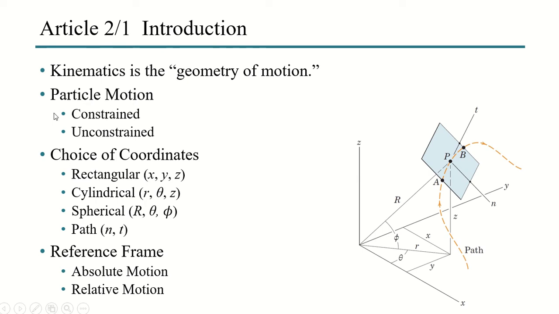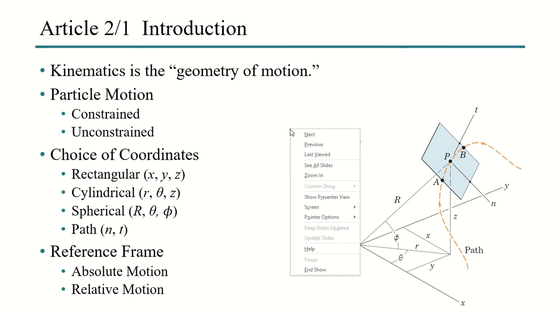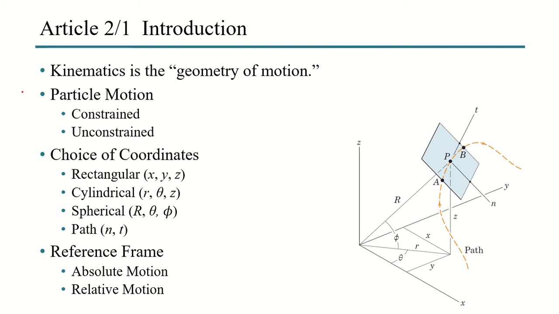done this twice already. So we have here the kinematics, which is the geometry of motion. Kinematics is geometry of motion, so the motion of the particle. The motion of the particle can be constrained or unconstrained. Then we have the choice of coordinates.